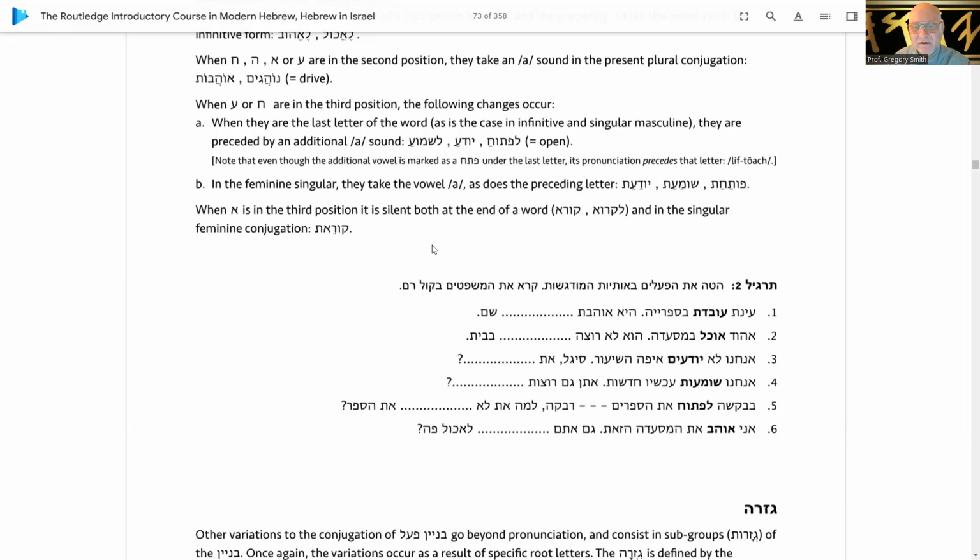And so basically they want us to fill that in with one of these. Kra et hamishpatim bekol ram. Okay, so read the sentences aloud. So that's what that's saying. Kra is read.